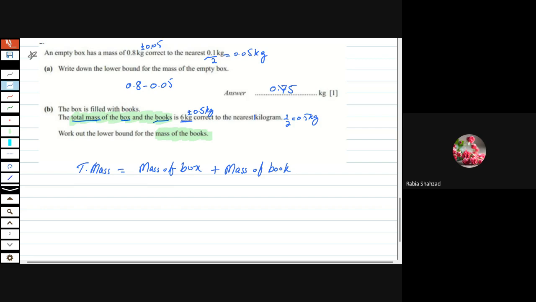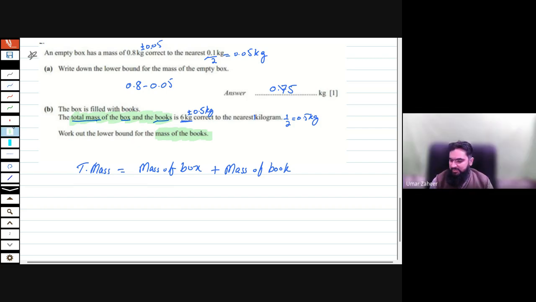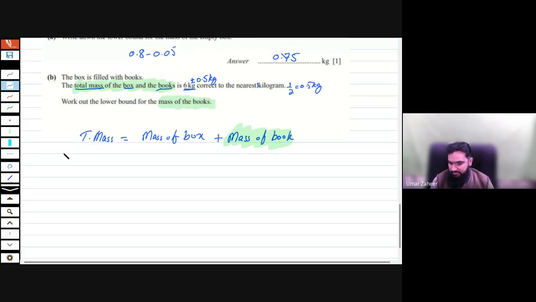What do we have to find? We need to find the mass of the books. So take the value to the other side. It will be total mass minus mass of box is equal to the mass of books.